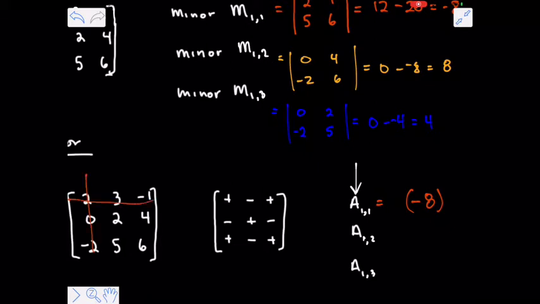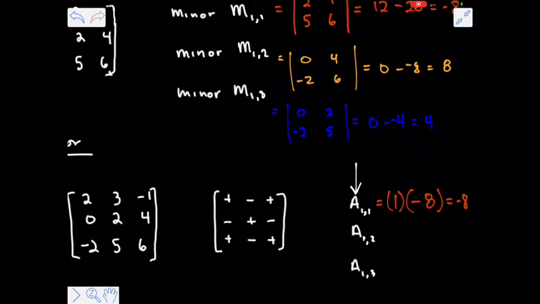The row and column that we crossed out intersect right here in that spot. 1 comma 1. 1 comma 1 has a positive in that spot, which means positive 1. So that cofactor then is going to be multiplied by positive 1, and we get negative 8. So it doesn't actually change the minor because we just multiplied it by 1. So really a cofactor is either just going to change the sign to positive or negative, depending on if you're multiplying it by positive 1 or negative 1.